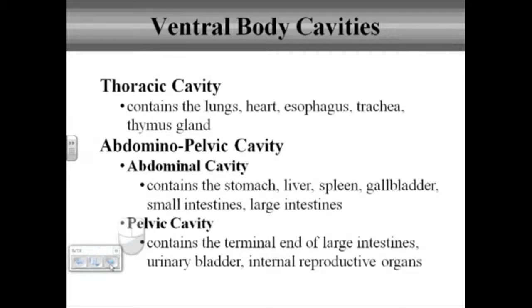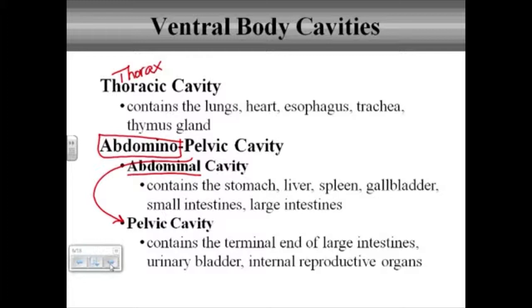Likewise, we can divide the ventral body cavity into smaller cavities. We can look at the thoracic, and that word may seem familiar because of thorax. The thoracic cavity, where your heart and lungs are, is going to be like your chest region. And then you have the abdominopelvic cavity, which you can see is abdominal and pelvic.